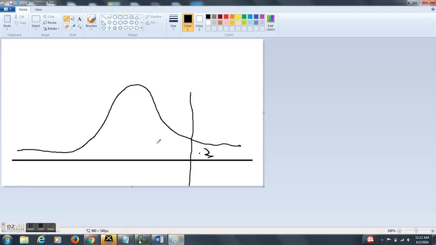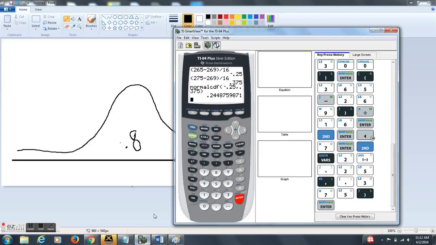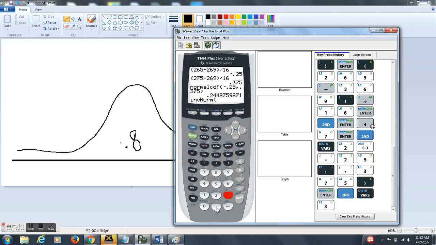The calculator that we have only reads in area to the left, right? The biggest 0.2 is over here to the right, so that means this over here is 0.8, 80% this way. To get that z-score, I have to use inverse norm.